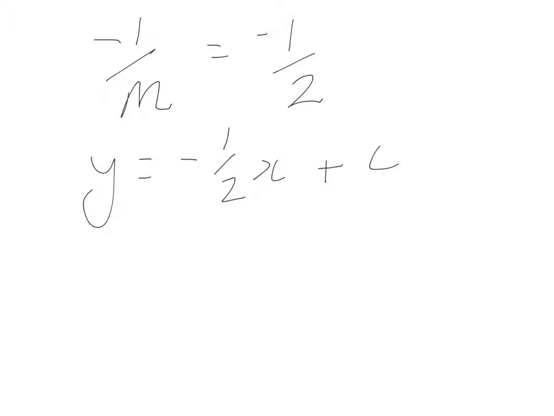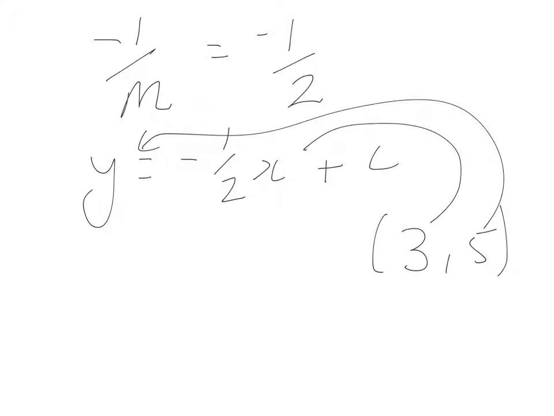Okay. So in order to find c, I need to pick the coordinate it goes through. The question told me it went through the coordinate (3, 5). So I'm going to substitute the values 3 and 5 into the equation to find c. So let's go: 5 equals minus a half times 3 plus c.